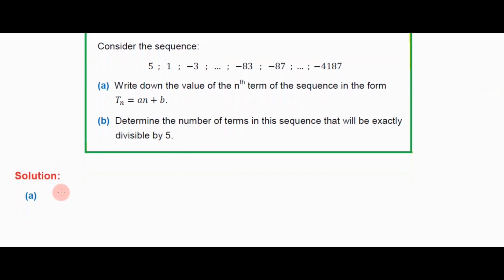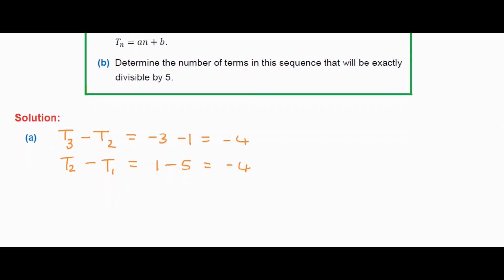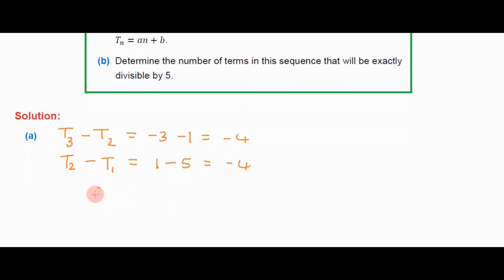Term 3 less term 2 is negative 3 minus 1, which is negative 4. Then term 2 less term 1 is 1 minus 5, which is also negative 4. So we know it's an AP with common difference negative 4.